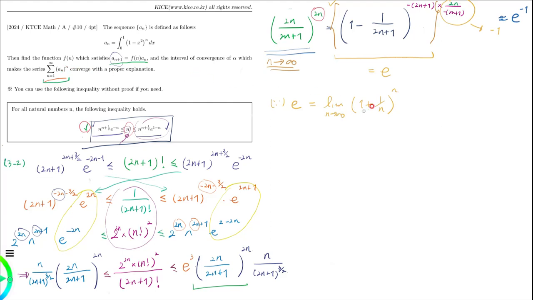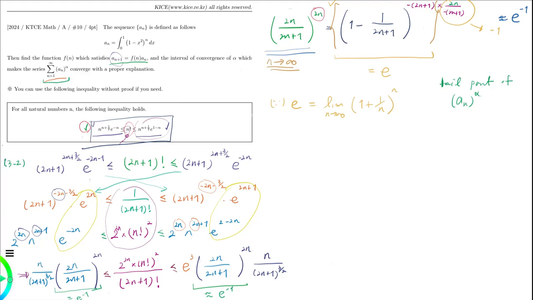So we need to consider the tail part of a sub n and its alpha power here. When n is large enough, this term is nothing but a constant, which is e to the minus 1 power.